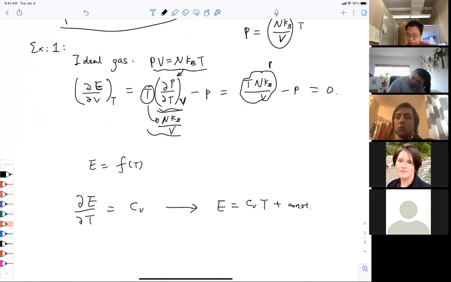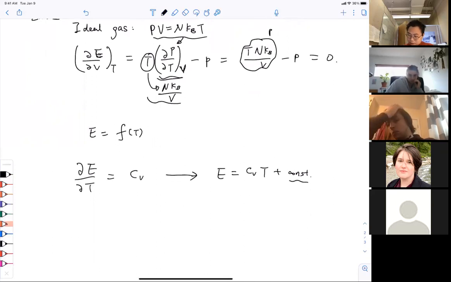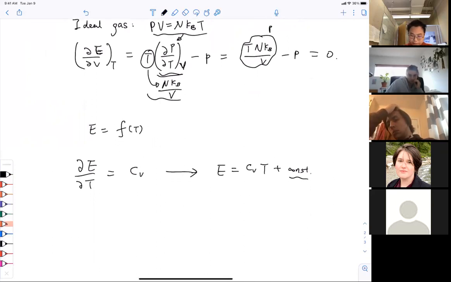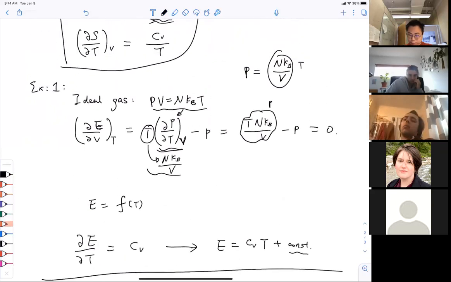Mathematically speaking, we cannot determine this constant. Of course, we can say for a classical system, it's reasonable that at 0 temperature there's no motion, no internal energy. So like T equals 0, E equals 0, so we can set the constant to be 0. But yeah, that's all we can derive from those two equations.